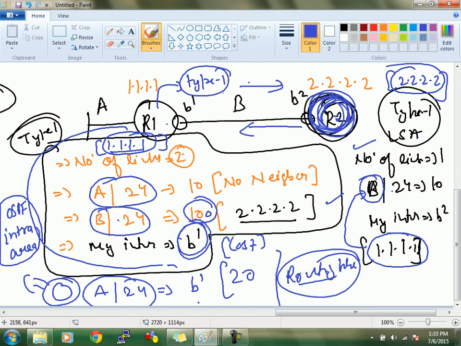R2 will always choose the cost in its own database.